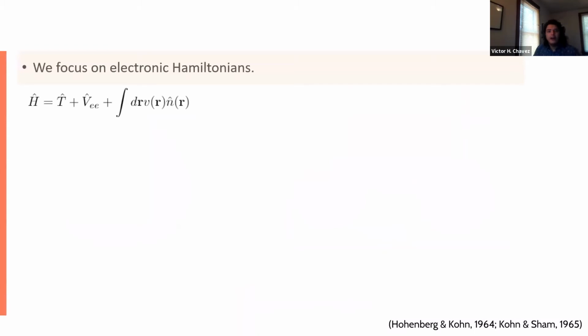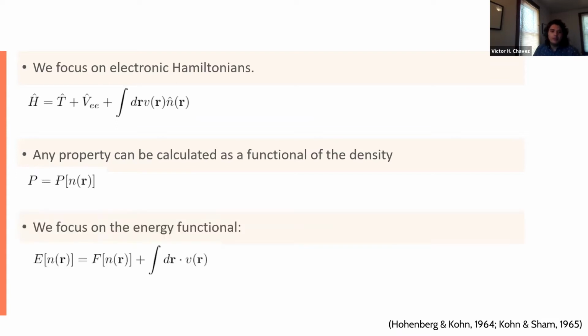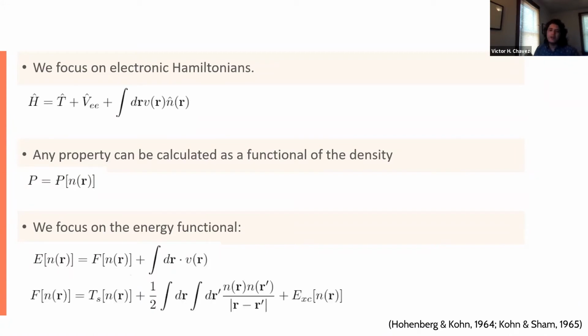So of course, we are interested in solving this type of electronic Hamiltonian. And from Hohenberg and Kohn, we know that any property can be calculated as a functional of the density. And then what we do is, of course, we have this energy functional that we split into the external potential part and then the universal functional that, from Kohn and Sham, we know that we can rearrange the true universal functional into a set of things that I know.